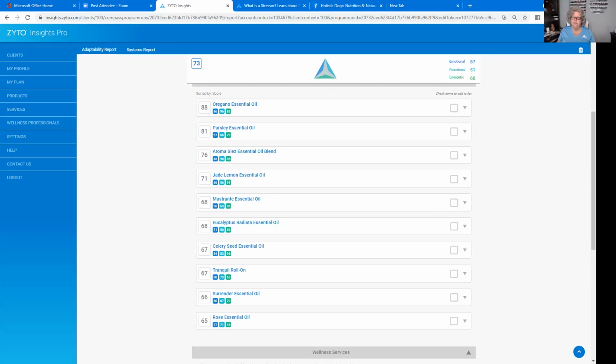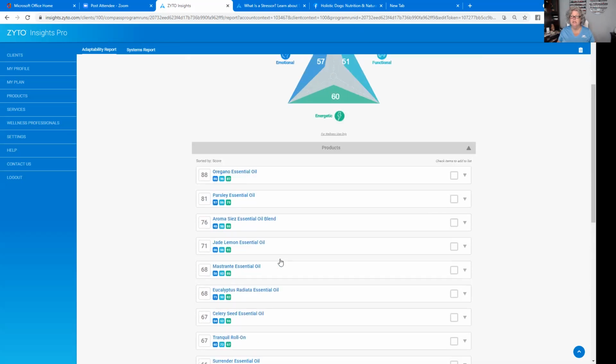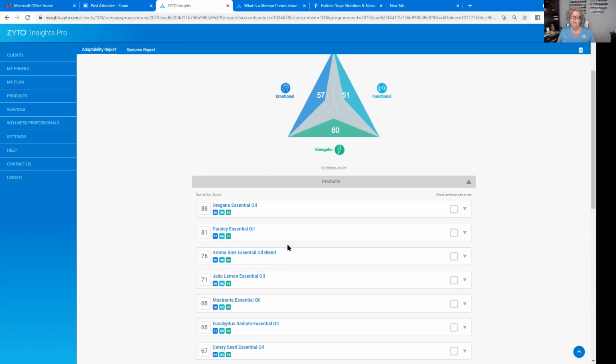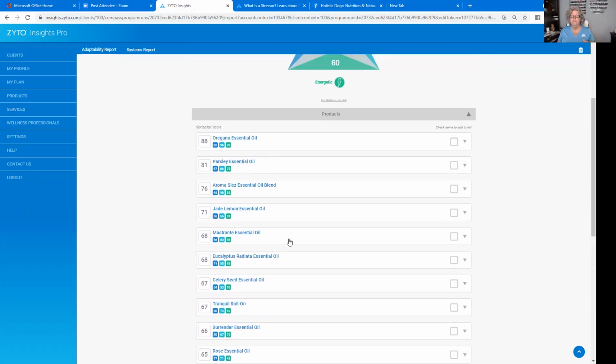This is going to give me the top 10 products that I could choose from to make some improvements. Do I have to go buy them all? No. If I already have them, then I would start to use them. If I have nothing that sort of fits this need, then yeah, I'm going to have to do a little bit of shopping and planning and strategizing.